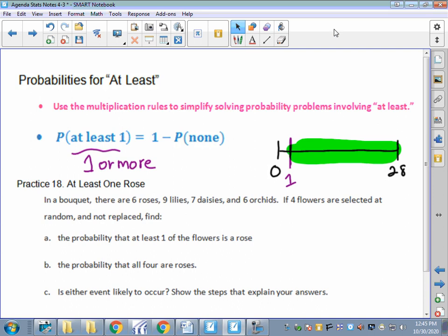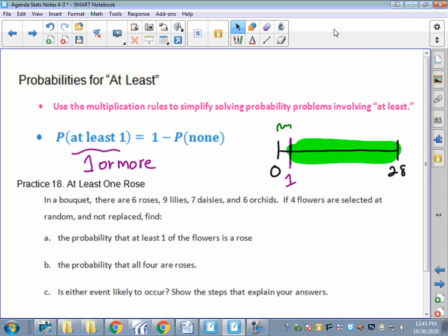Well, that seems like a lot of work because I'd have to do the probability of 1 and 2 and 3 and 4 and 5 all the way up to 28. However, if I just found the probability of this little piece of 0 flowers, all of our probabilities add up to 1, so I could do 1 minus that little piece and save myself some work.